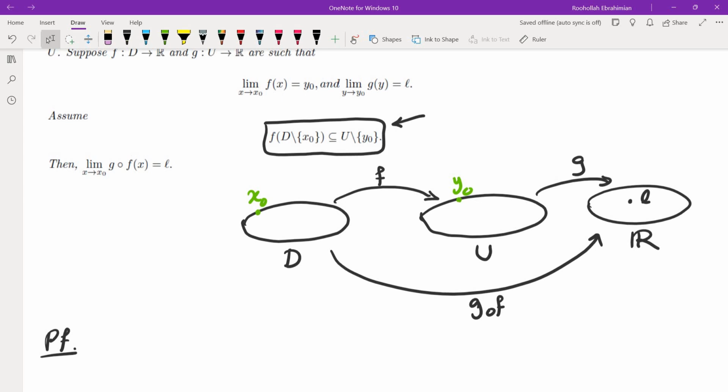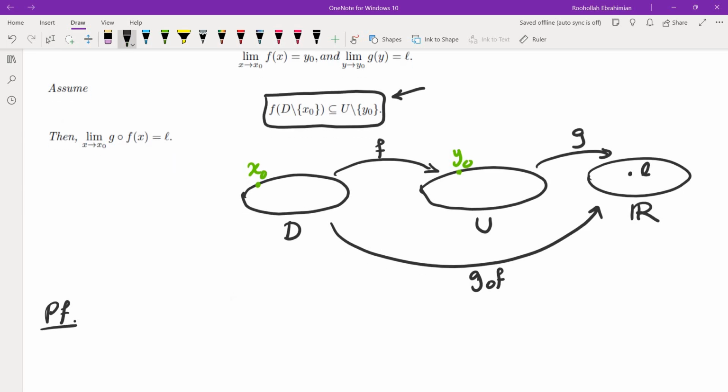If you want to show the limit of g of f of x is L, first note that x naught is a limit point of the domain. So x naught is a limit point of D minus x naught.